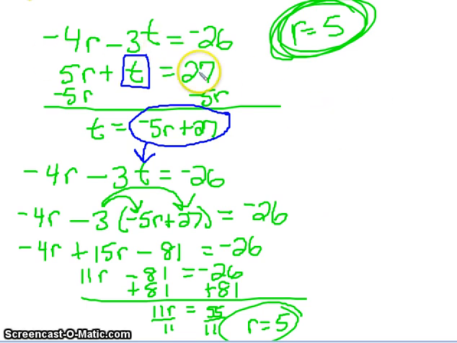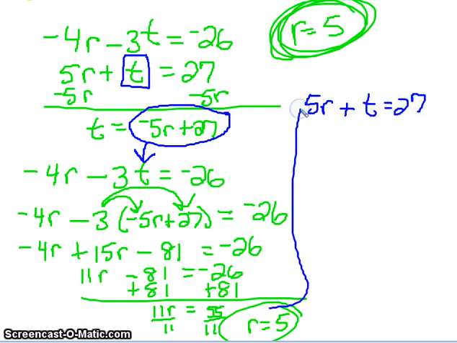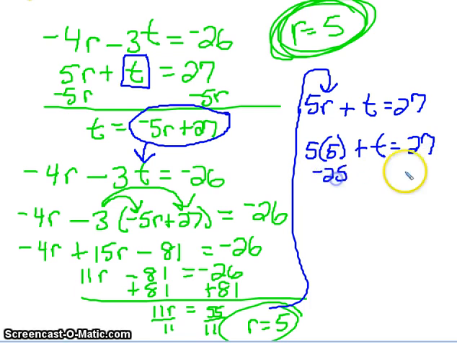I'm going to do 5r plus t equals 27, and plug my value of r in. This gives me 5 times 5 plus t equals 27. Then minus 25 from both sides, so t equals 2.